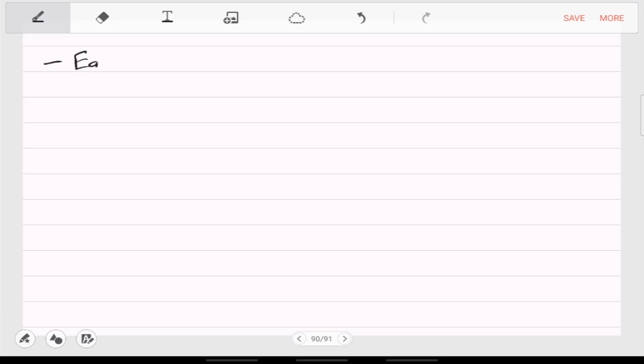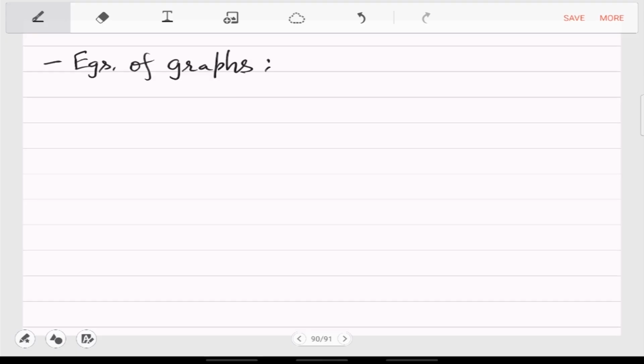So what are the examples of graphs in real life? They can model social networks, where the vertices will be people or members in social media.